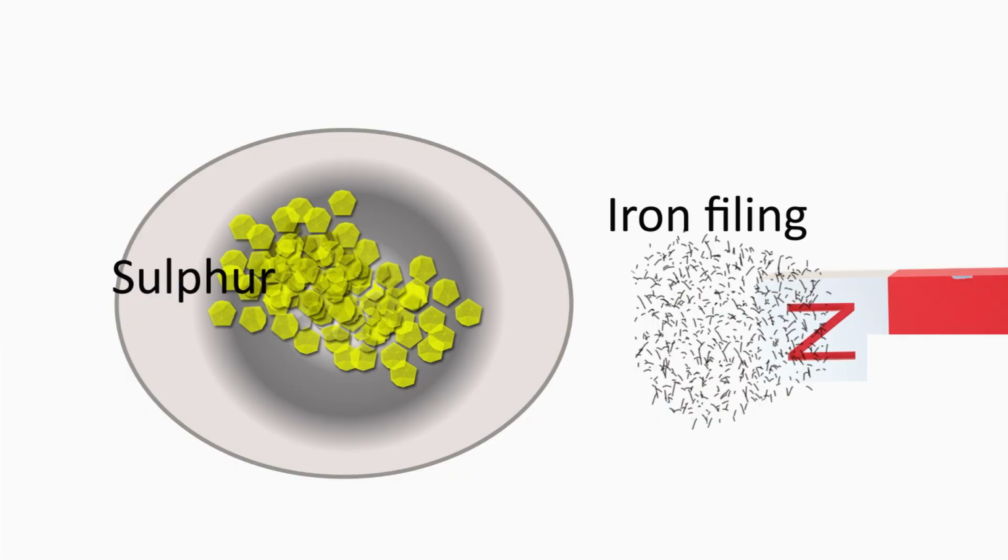So what we're seeing here is that we can separate the sulfur mixed with the iron filings, all right? So when we use our magnet, we can take out the iron, and of course, eventually, we would have taken out all the iron and the sulfur would be left. Let's see if we can take some more. All right. So that is a way that we could separate these components.